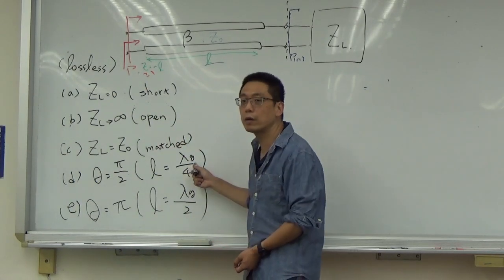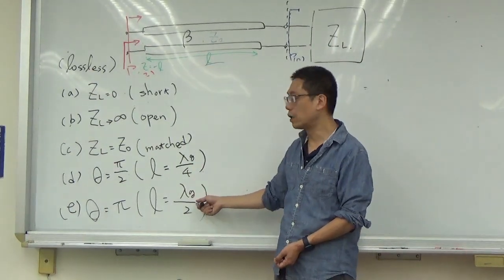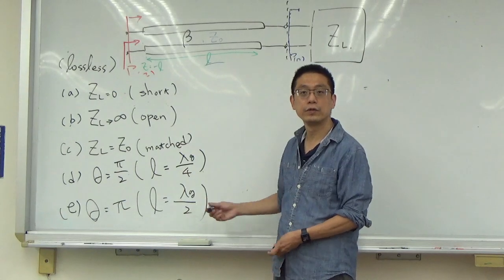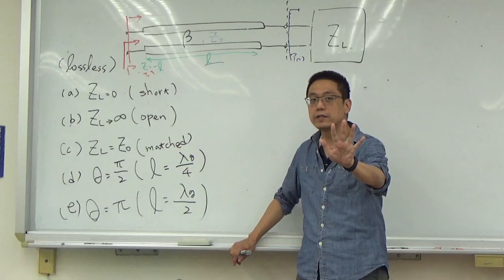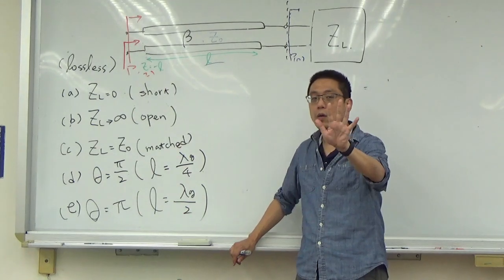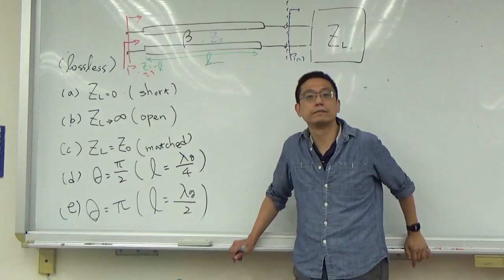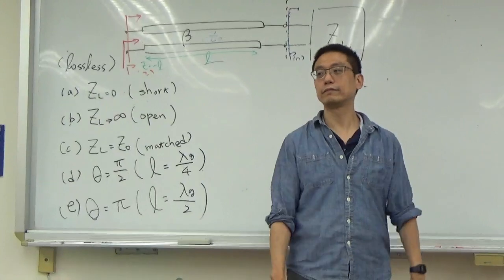The quarter wavelength transmission line or a half wavelength transmission line. Okay, so there are 5 special cases of our input impedance we are going to discuss after we take a break. Okay, let's take a break.